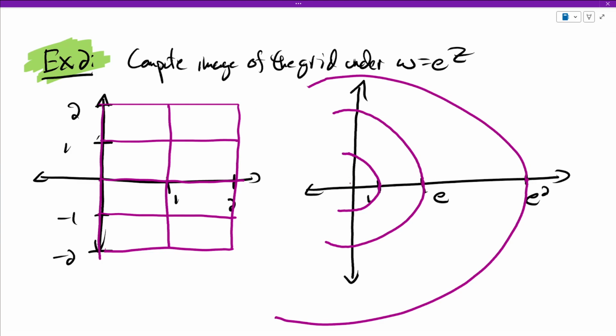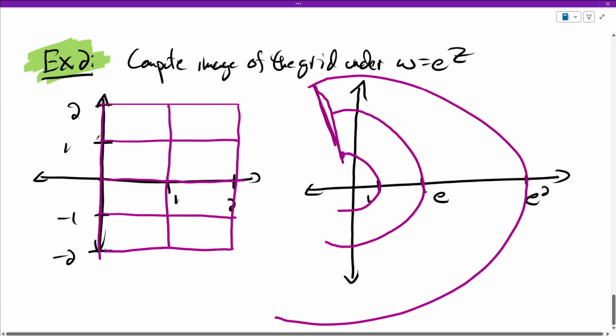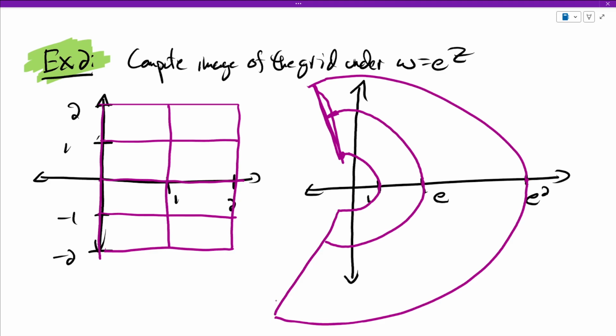So we're actually not going to get all lengths. We're just going to get the lengths from e to the 0 to e squared, where these are supposed to be a line. Okay, let's draw it like that. Similarly, this horizontal line down here is not going to give us all possible lengths. It's just going to give us the portion from e to the 0, which is 1, to e squared, which is what happens when this point over here is going to get sent to that point right there.